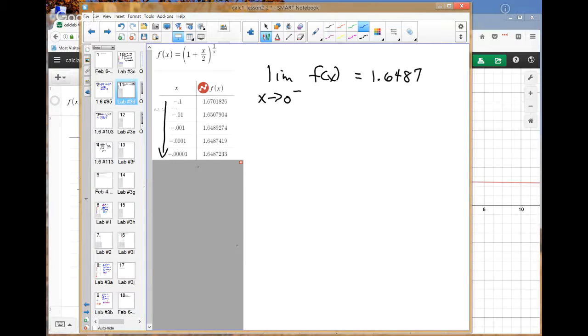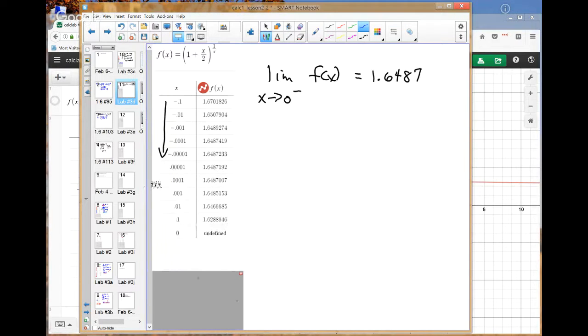And then when we check it from the right, and again, I'm going the opposite way this time, the limit as x approaches 0 from the right appears to be the same thing that it was from the left.